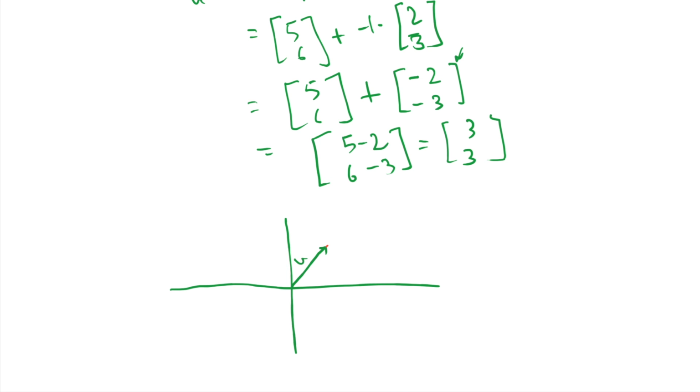I'll first plot v. So let's say this is v. So I'll first plot v like this, and now I need to multiply v with -1. When you multiply v with -1, you will get the vector which has the same magnitude but will be in the exactly opposite direction. So this vector will be minus v, and this length L will be equal to this length L.